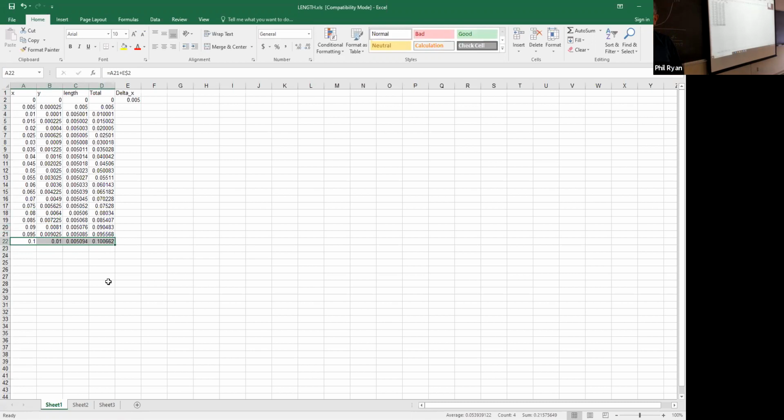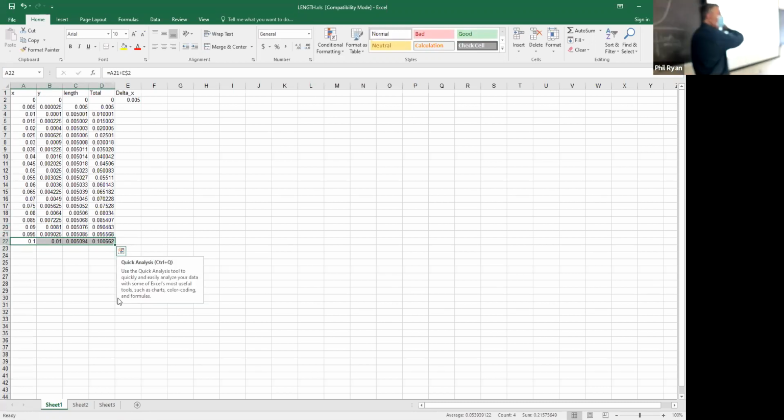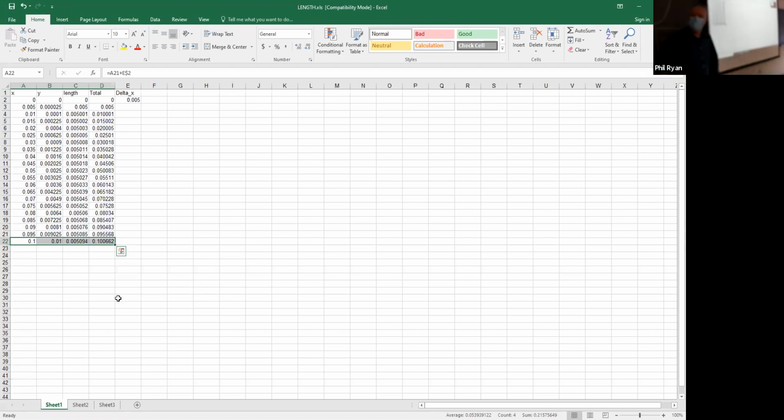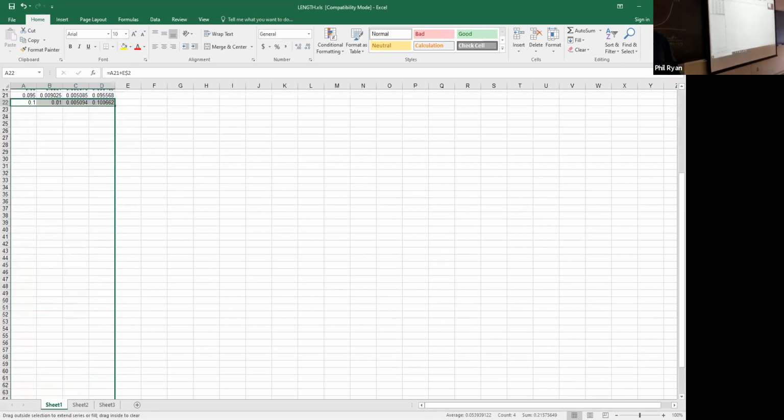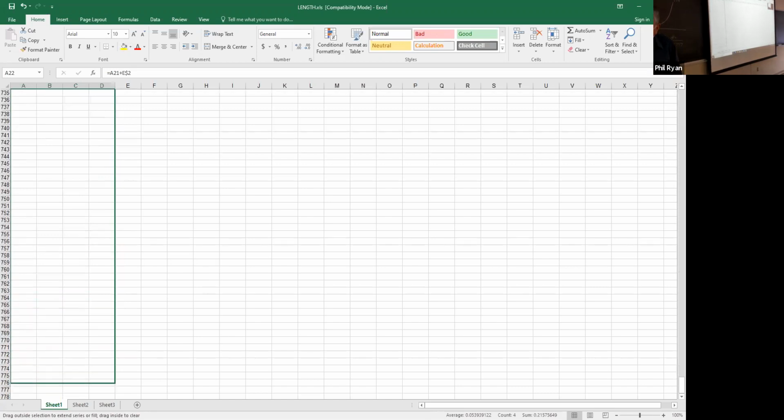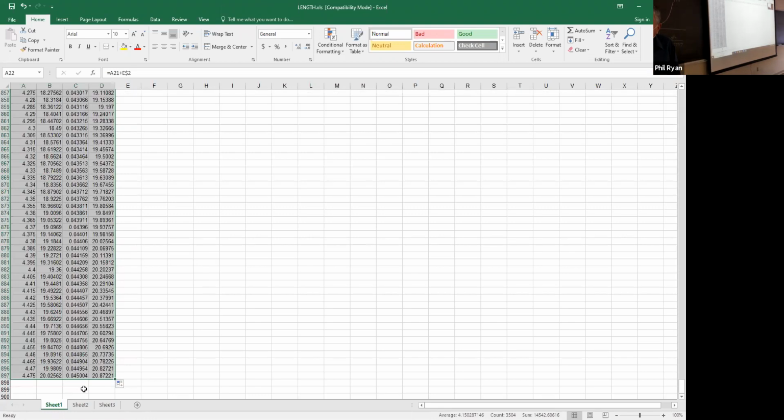And so now I've just copied that row. And then I put my mouse over the lower right corner until I see that plus sign. And then I press again the left button and down I go. Oh, yeah, more than enough.